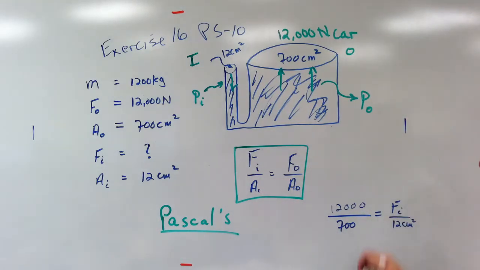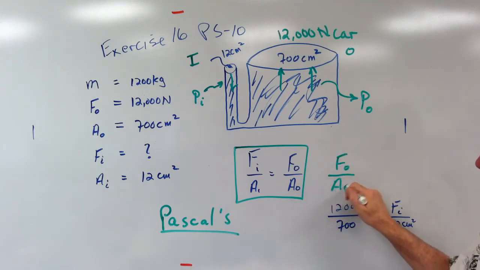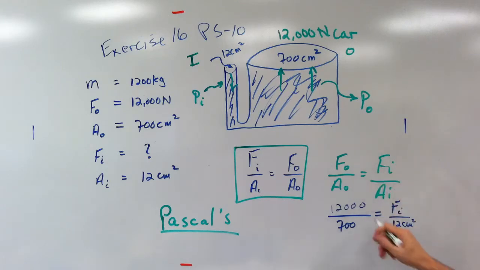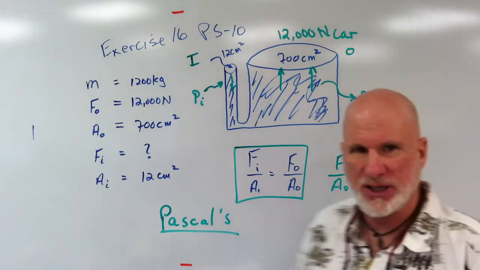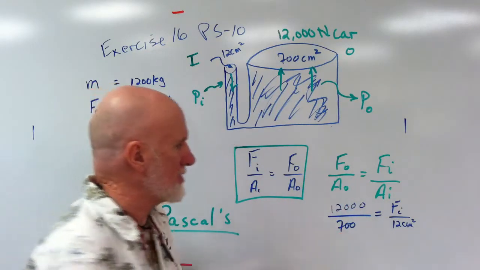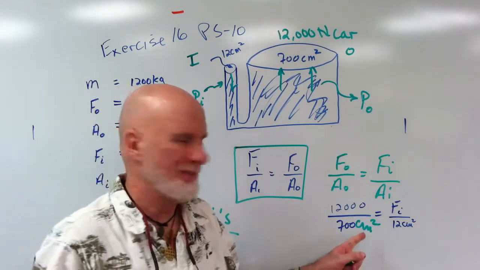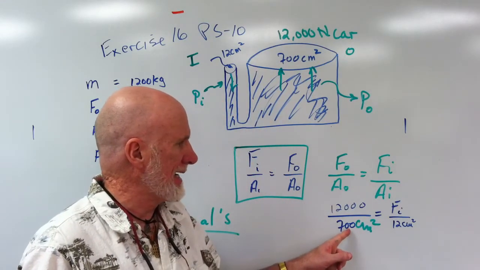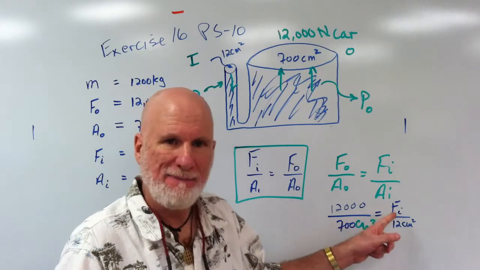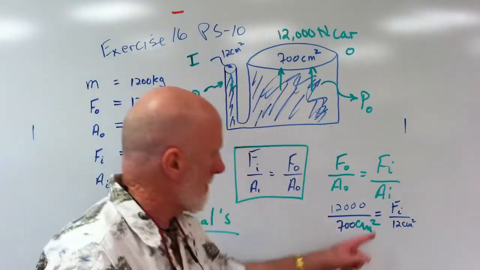Now, therefore, you have the input and the output. I got this written backwards, but anyway, 12,000 is going to be the output force. 700 square centimeters is the output area. The input force is what you're applying.